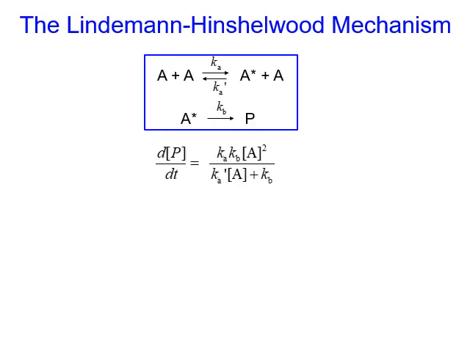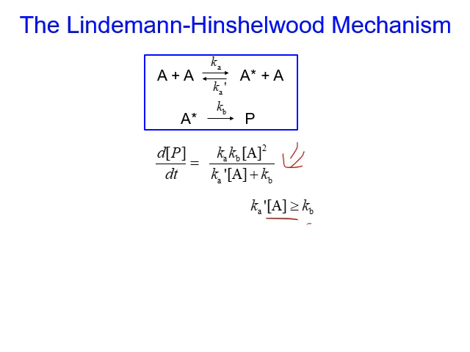Under steady-state approximation, the Lindemann-Hinshelwood mechanism leads to this rate law that is neither first-order nor second-order. However, if the system is under high pressure, the concentration A times Ka prime may be much greater than Kb.